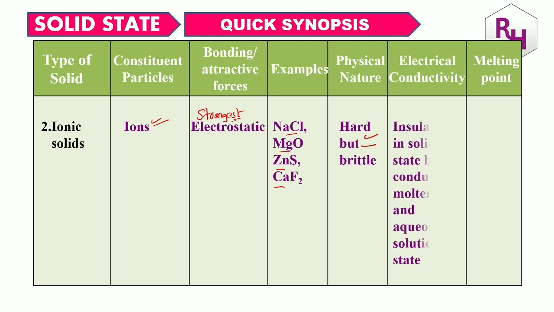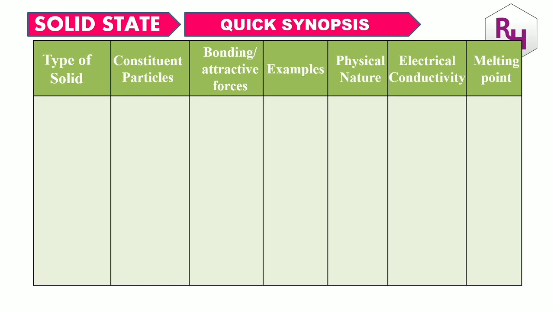Then electrical conductivity, a very important point: insulator in the solid state but conducts electricity in the molten state and in aqueous solution. For example, consider NaCl only. NaCl is an insulator in the solid state but conducts electricity in the molten and aqueous solution state. And the melting point is high, remember that.